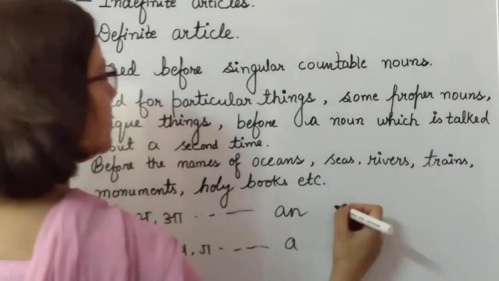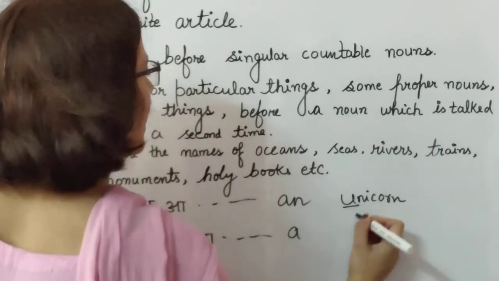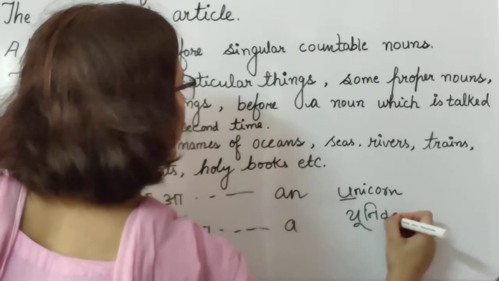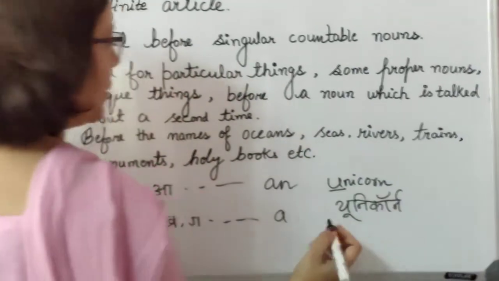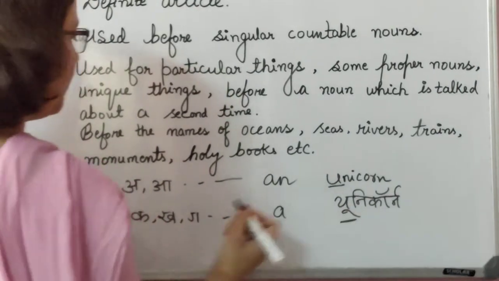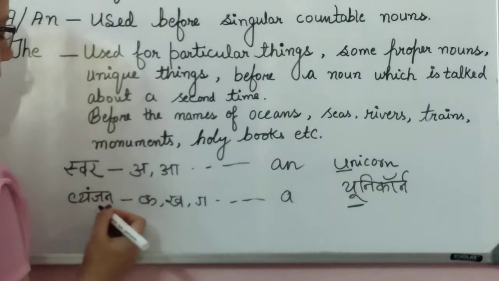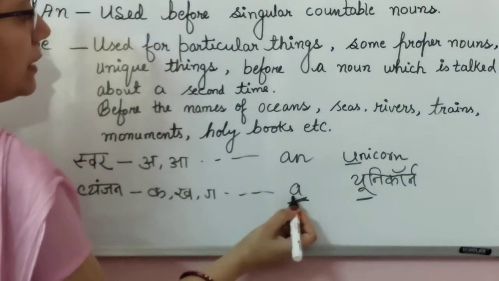Now unicorn. Now in Hindi what can we write? Now here it is ya, and ya comes under vyanjan. So what I have said, in vyanjan we use a.